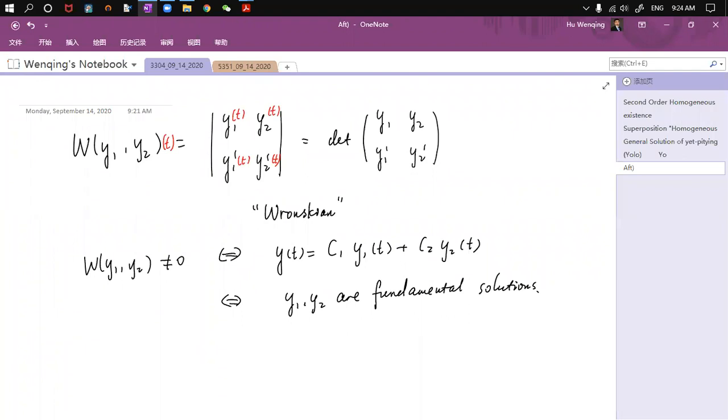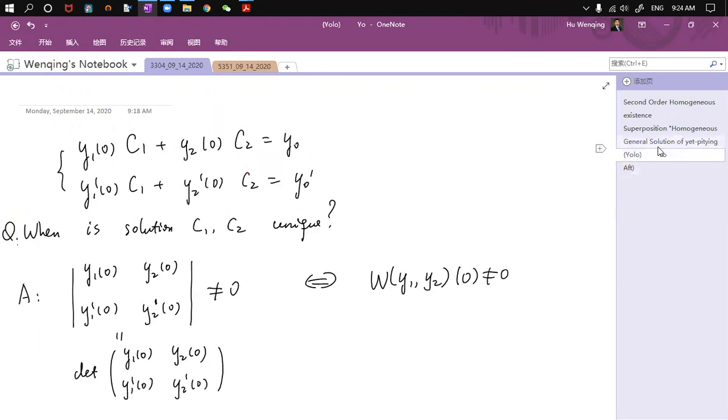Therefore, it is completely necessary to understand the structure of the Wronskian. So what's the structure of the Wronskian? Remember, first of all, it is a determinant. So how does a determinant go?